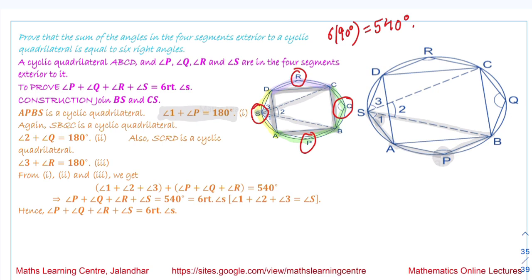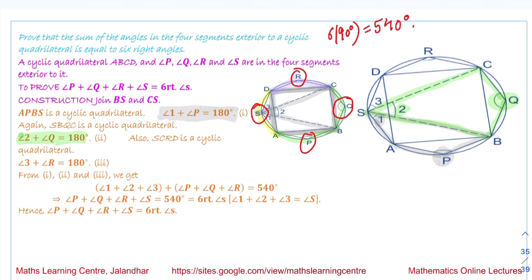Now consider the cyclic quadrilateral S, B, Q and C. Angle 2 and angle Q are the opposite angles over here. So we have angle 2 plus angle Q equal to 180 degrees.